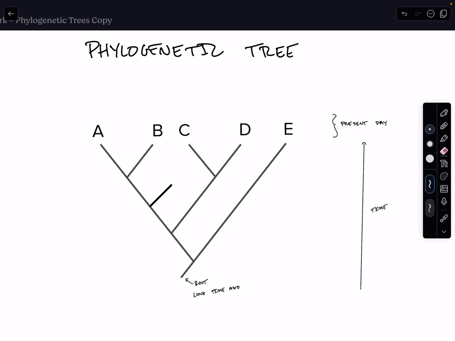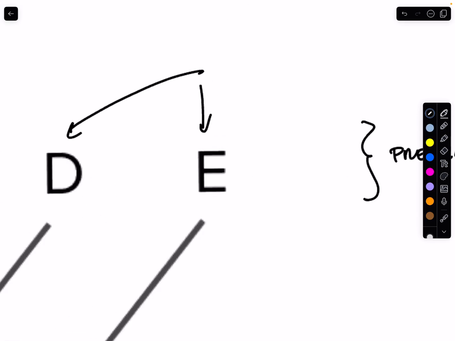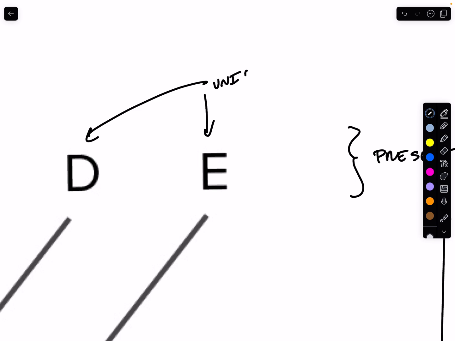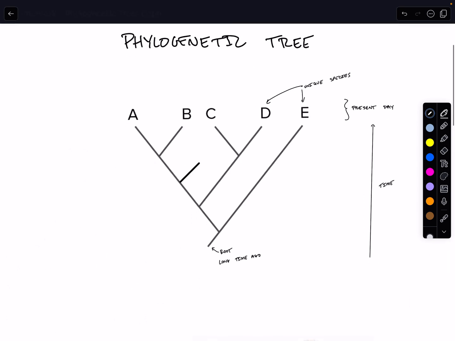Now, each one of them is a unique species. But they share a common ancestor. If we look back at the root, we see that they all came from the same origin.